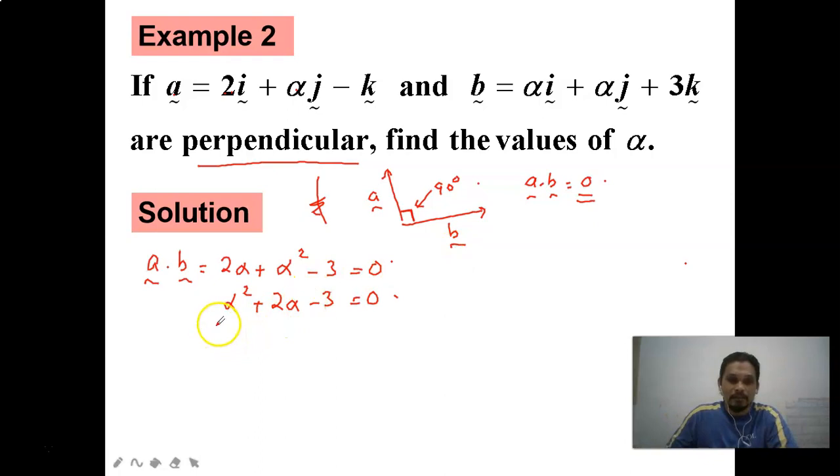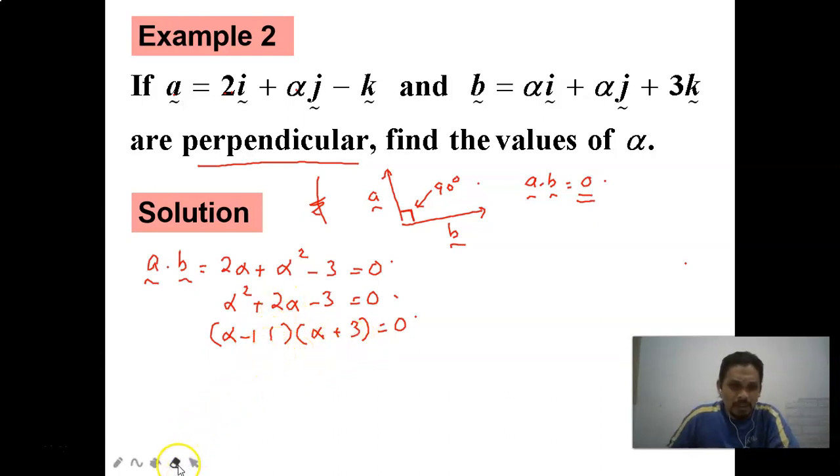So then, factorize this. You get alpha and alpha. The product of the roots is negative 3, so it is between 1 and 3, and the difference is positive 2, which I think is plus 3 and minus 1. Alpha times alpha is alpha squared, alpha times 3 is 3 alpha, minus 1 alpha gives 2, and then 1 times 3 equals negative 3.